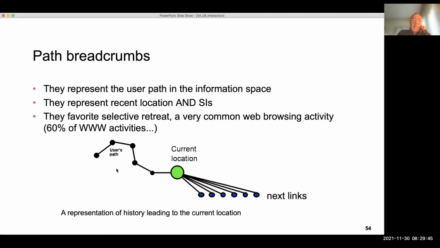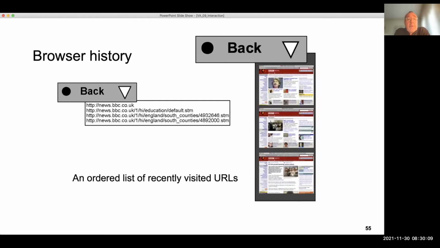And this kind of breadcrumbs facilitates what is called the selective retreat, in the sense that you're not going back one step at a time. Sometimes it's tedious. Back. You can jump directly to the initial part of your traveling. This is much more efficient. And you are familiar with that.